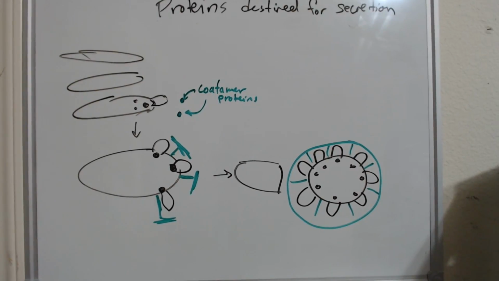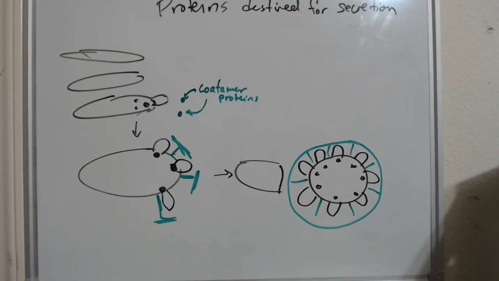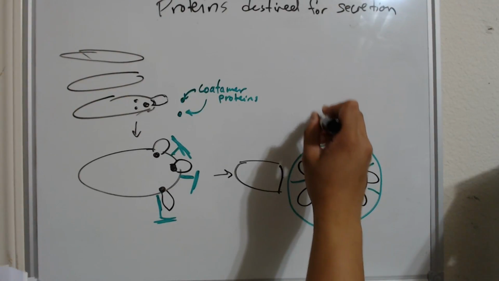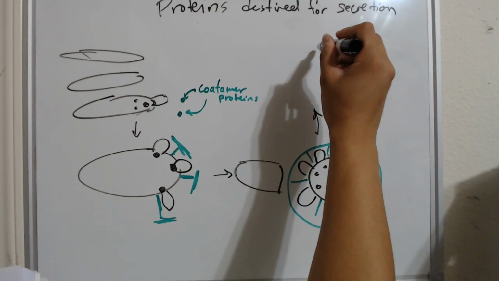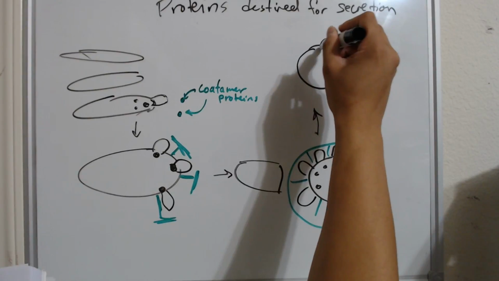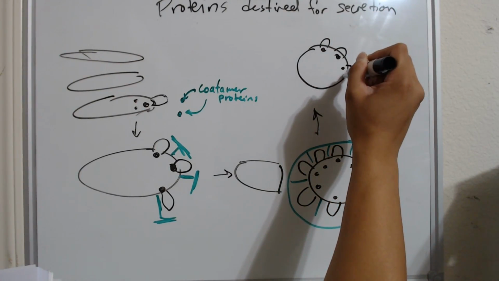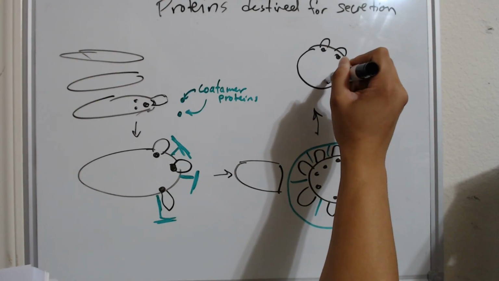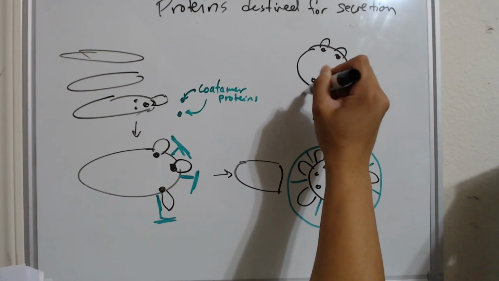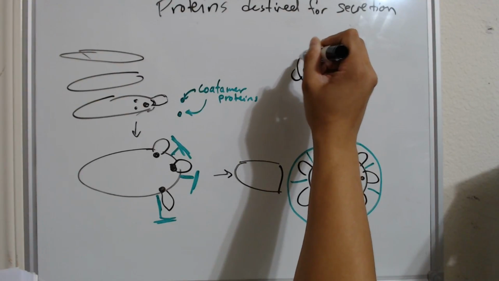Now what happens in the cytoplasm is that the coatomer proteins will then dissociate. So then there's no more coatomer proteins. And in the vesicle there are these things called V snares. It's a very bad drawing.